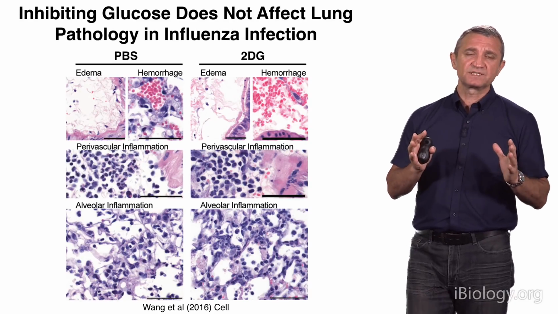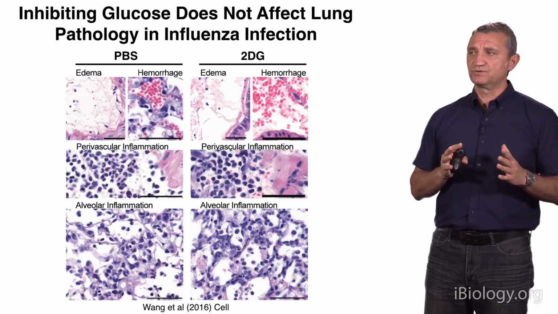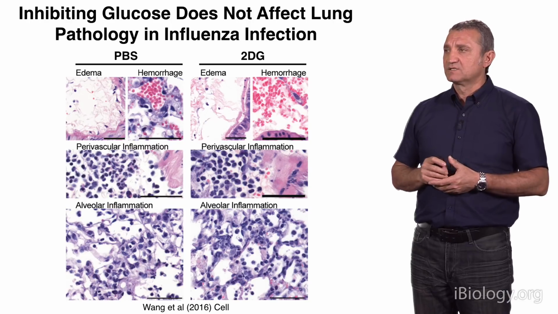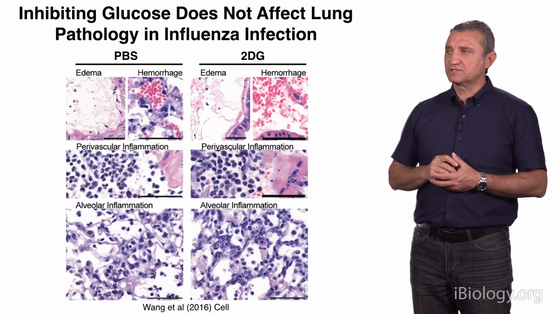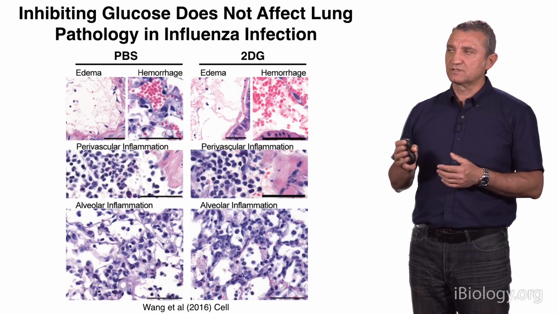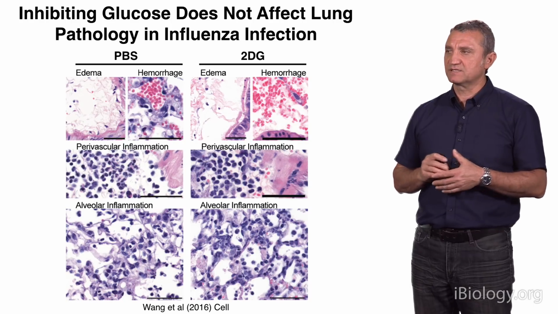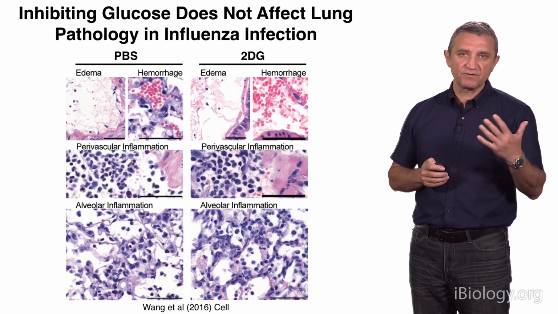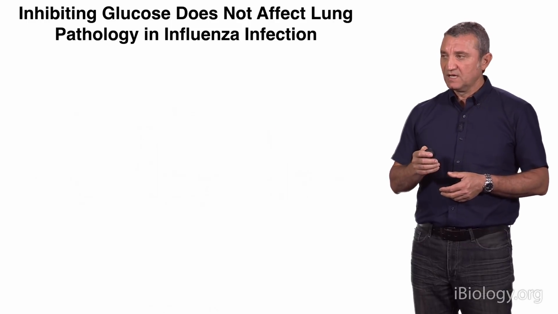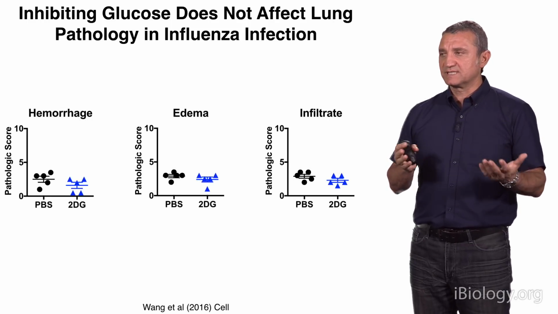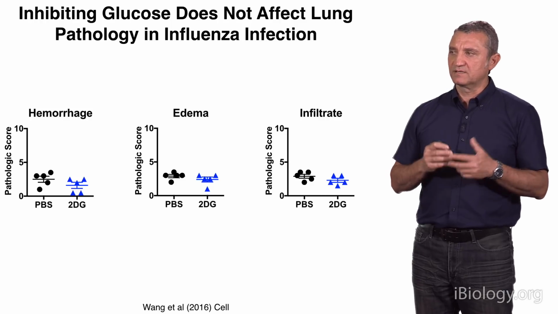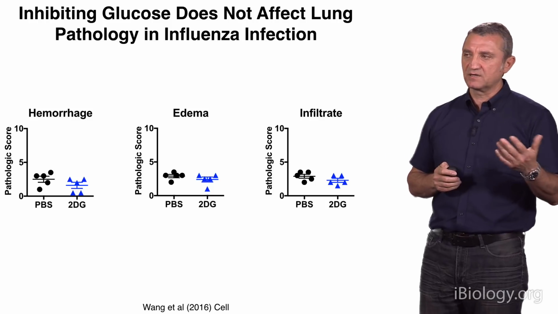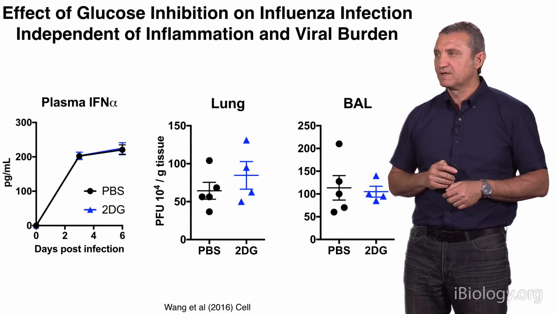Interestingly, this difference in survival was not due to tissue damage normally caused by flu virus. So this is a lung pathology. On the left side is a control, on the right side is 2DG treated mice, and they're basically the same. There is no difference in the degree of tissue damage caused by the virus, and also there is the same level of hemorrhage, edema, and inflammatory infiltrate. So that did not explain the 100% difference in survival.